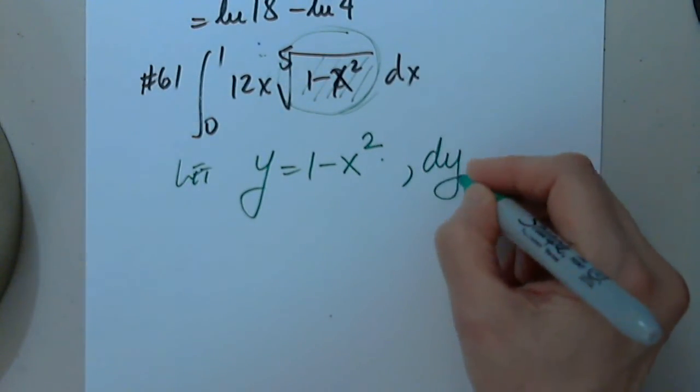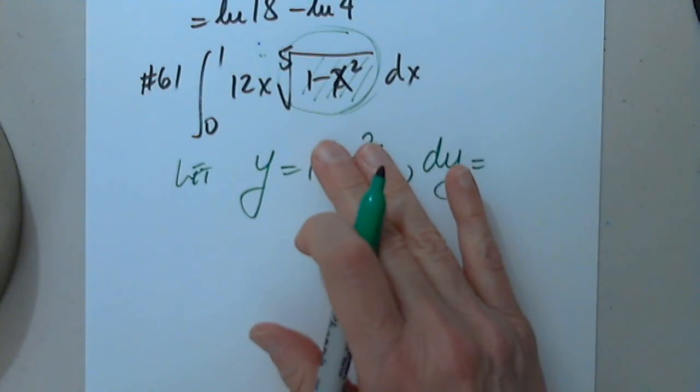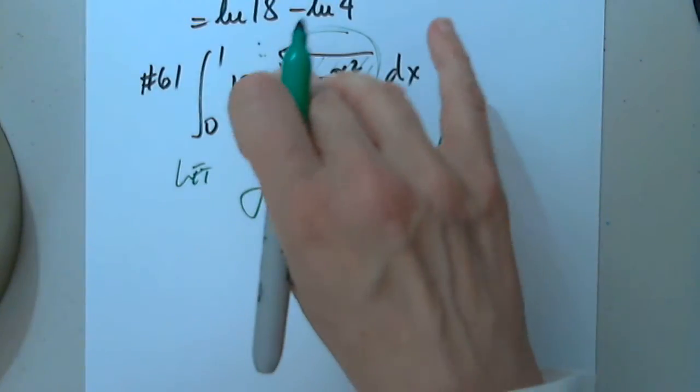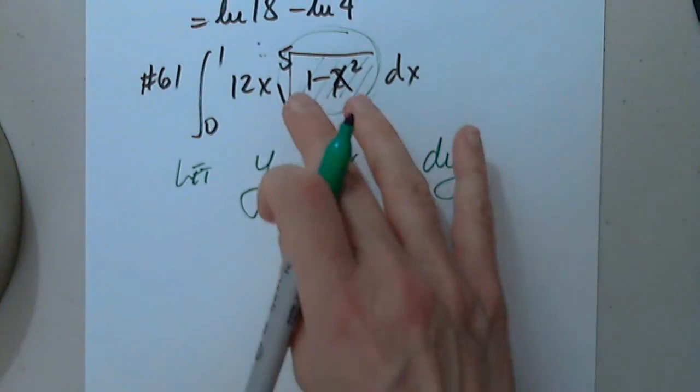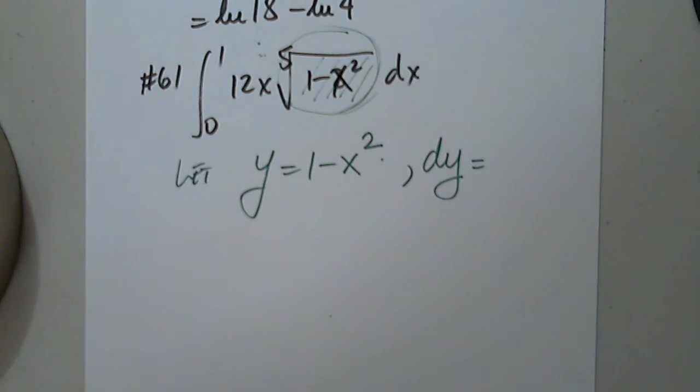As long as dy is in the problem, I know that this is a good substitution. If dy is not in the problem, this is not a good substitution. So, can anyone give us dy, the differential, not the derivative, the differential of y?